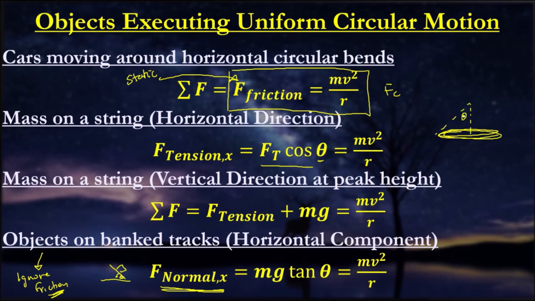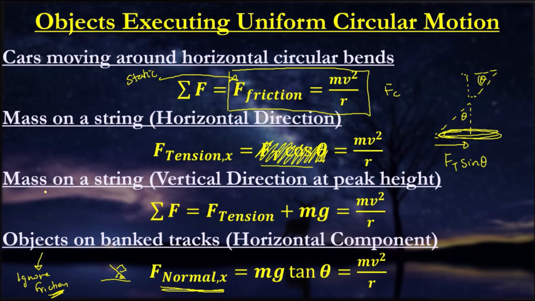So if this is theta here, and we move along here, then the actual formula is ft sine theta. But if the angle we find is more like here, then you can use ft cos theta. So I'm just going to scribble this one out, because this really depends on where the theta sign is.